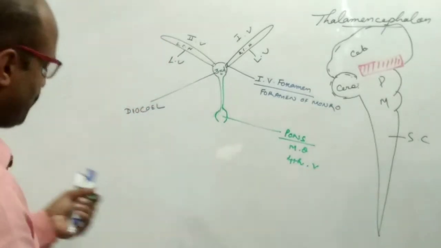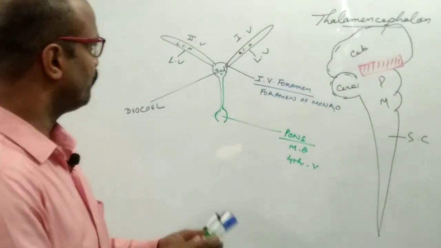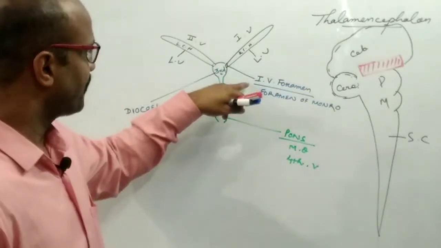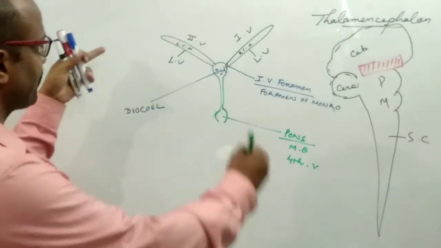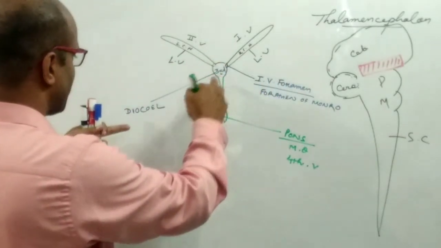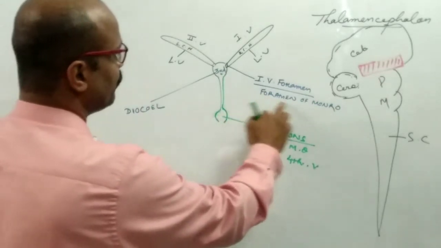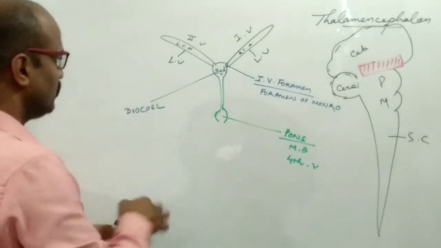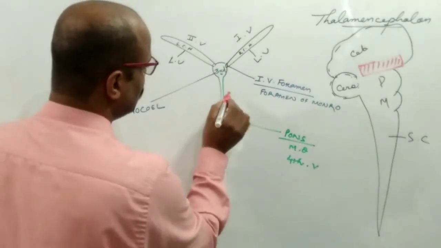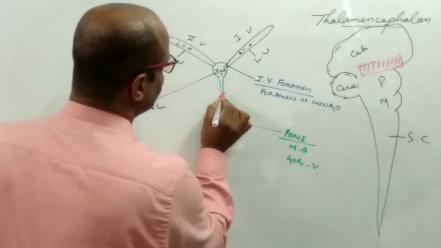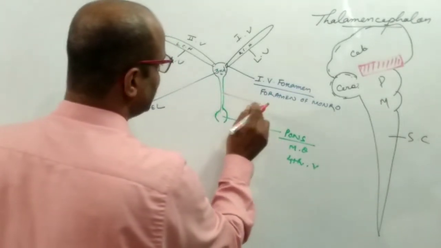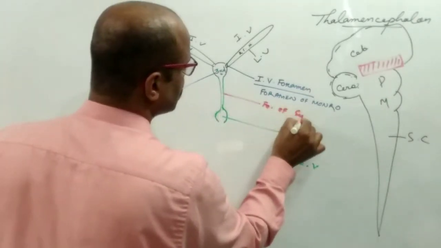So how many ventricles are present in the human brain? Four ventricles are present. The first and second, collectively known as the lateral ventricles, connect to the third ventricle by the opening known as the foramen of Monro. The third ventricle connects with the fourth ventricle through another connection, known as the aqueduct of Sylvius.